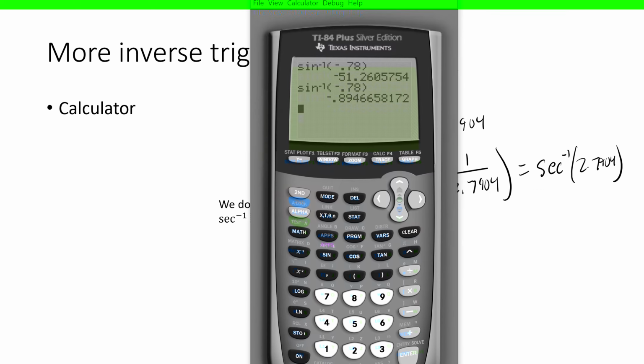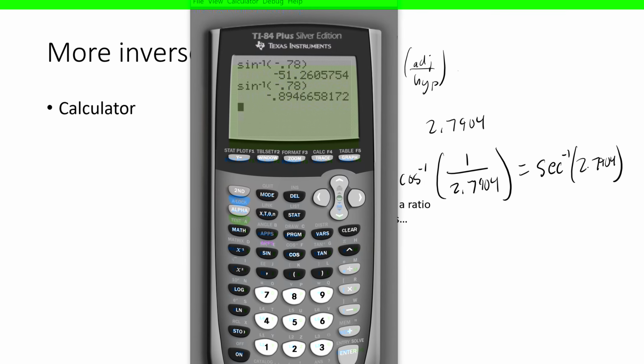So when we do this one, I'll just do this in radians, I guess. We would have inverse cosine, second cosine, of 1 divided by 2.7904. And that gives me 1.204 radians.